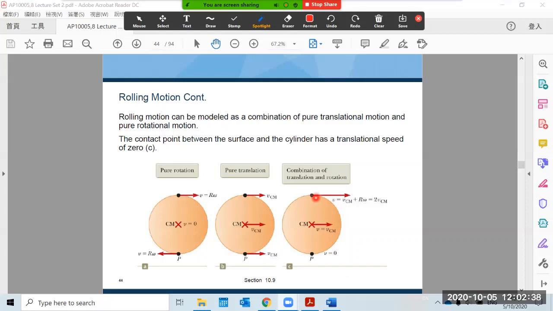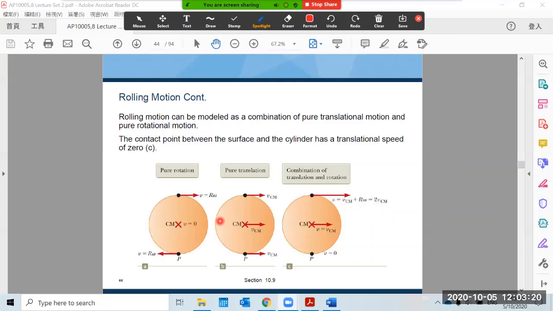On the other hand, the top particle, which is under the relative motion of pure rotation with respect to the pure translation, would be the addition of the two velocities to an independent observer from the outside. So it would be the total velocity to the independent observer equal to the velocity of the center of mass plus r omega, which becomes 2v(cm) for the particle at the top.